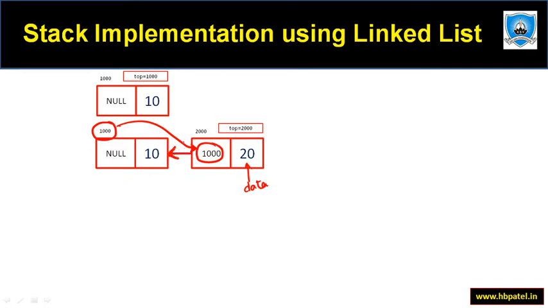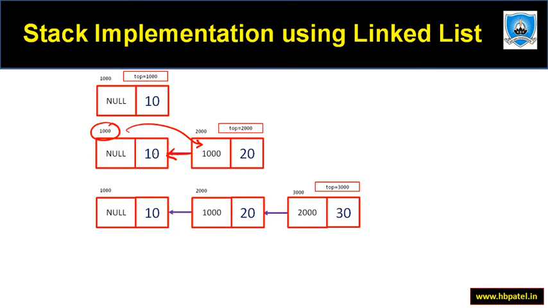In our previous example we used to put this over here, so we used to have a scenario like this, the first node pointing to the second node. But in this case we are having the address of the first node in the second node. That means the second node is pointing to the first node.